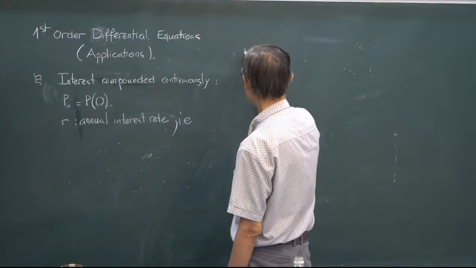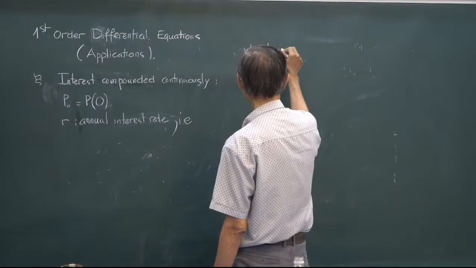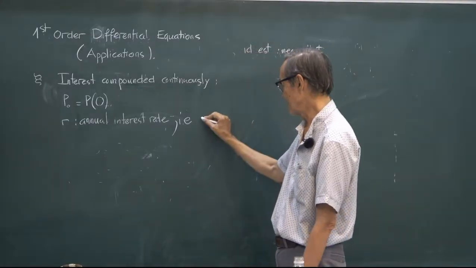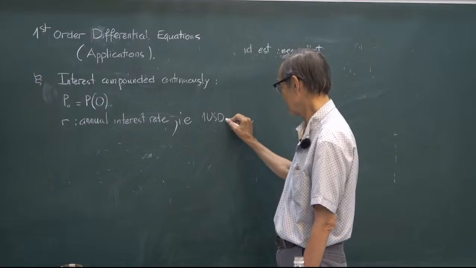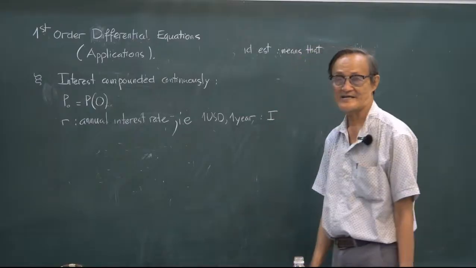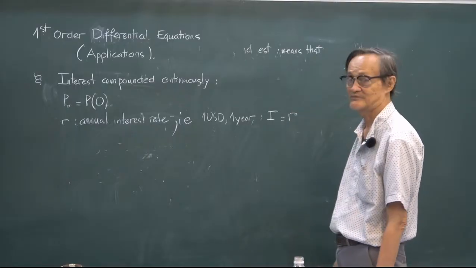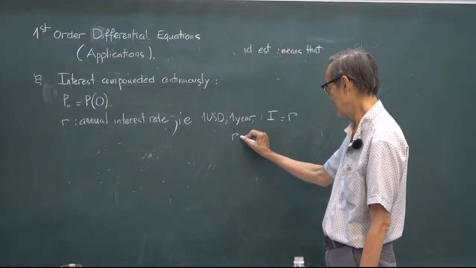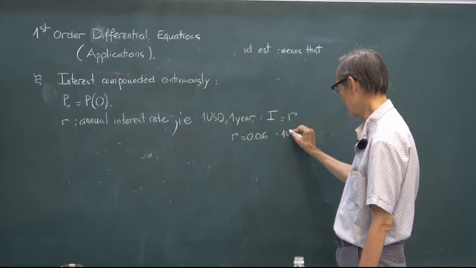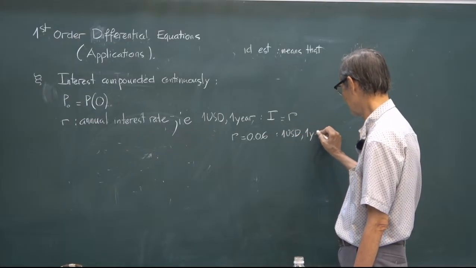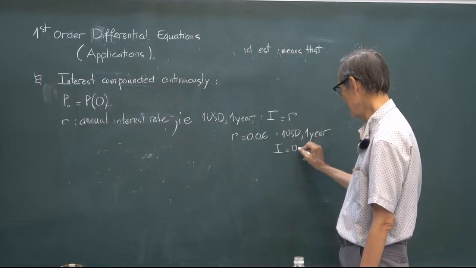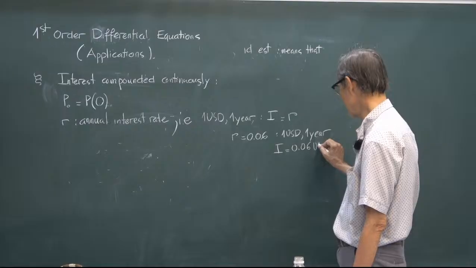That is, if R means that for $1 for 1 year, interest I equals R. For example, R equals 6%, $1, 1 year, we have interest I equals 0.06 US dollar.